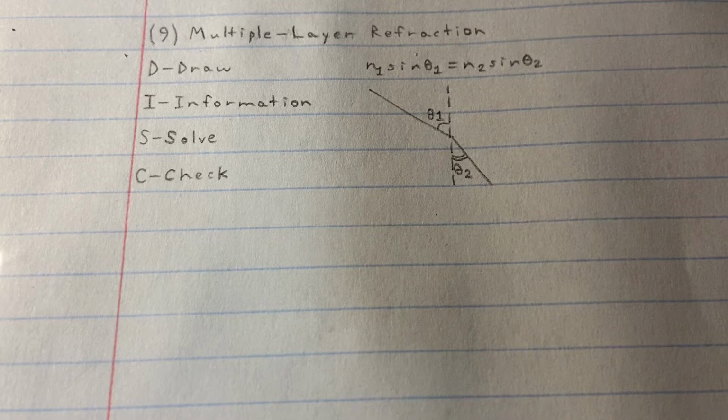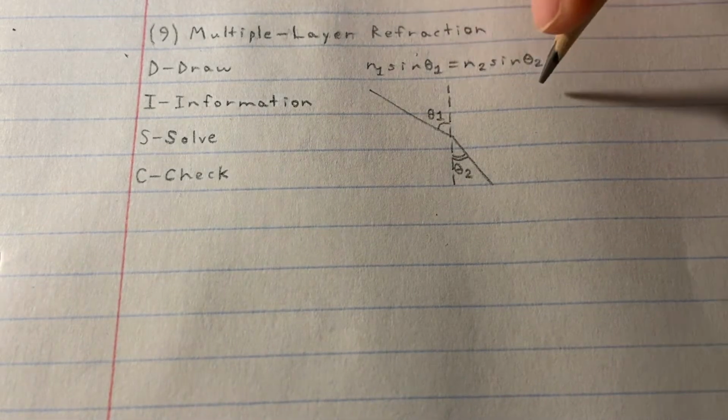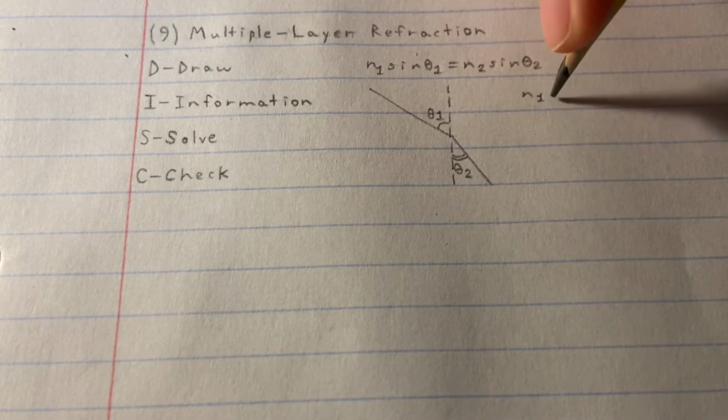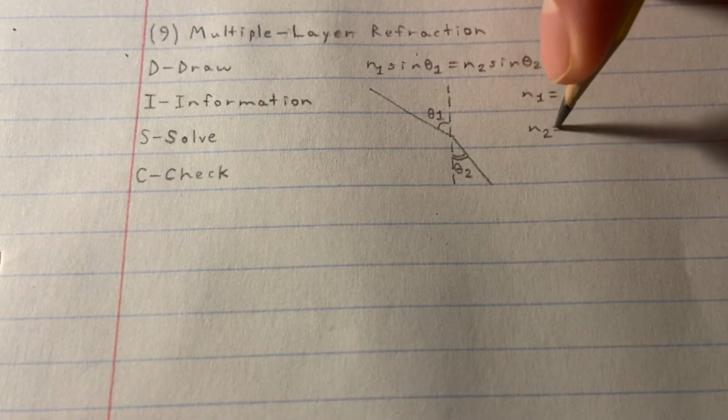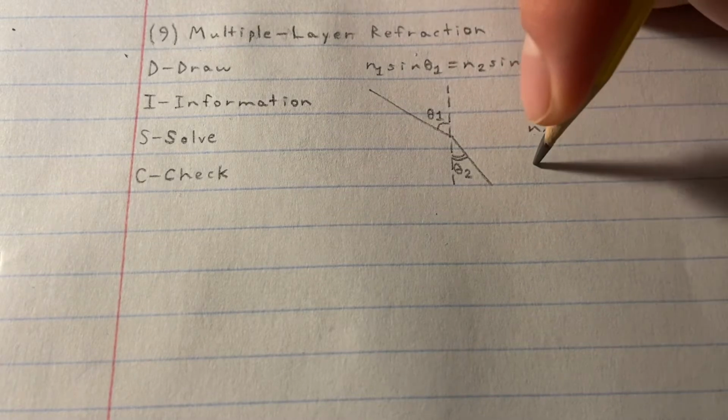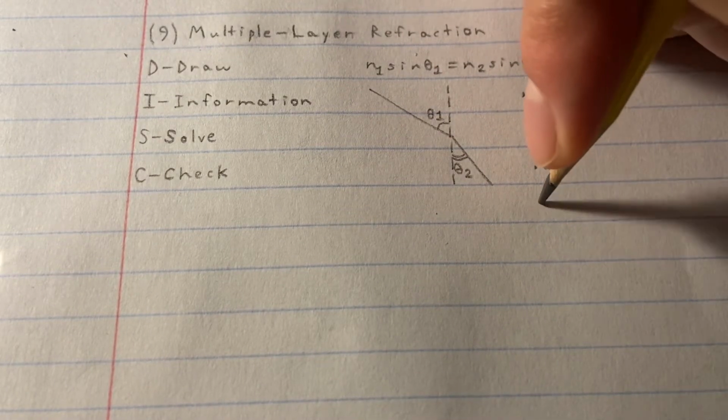Now, the information we are given about the problem, we are actually given several indices. We are given n1, n2, n3, and n4.